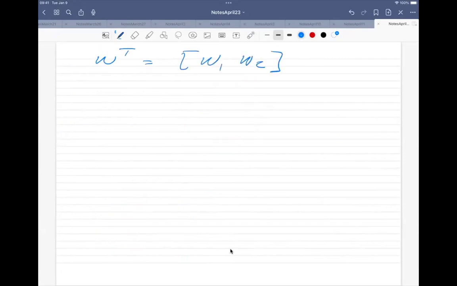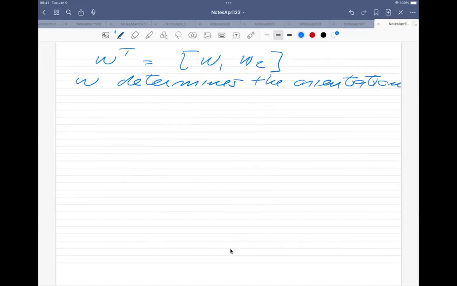These are unknown parameters, which we're going to determine through the optimization. So w determines the orientation of the decision surface, or line in our case.